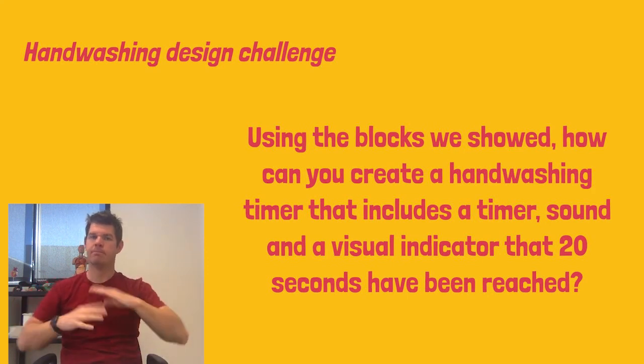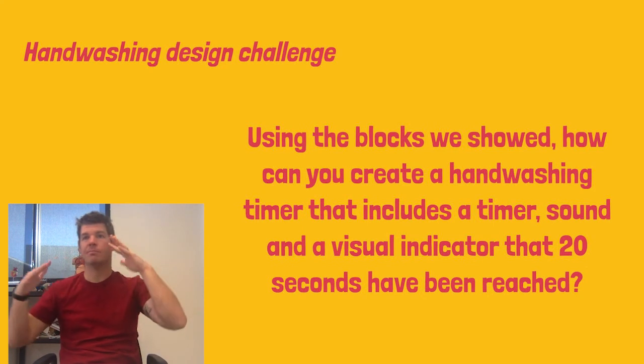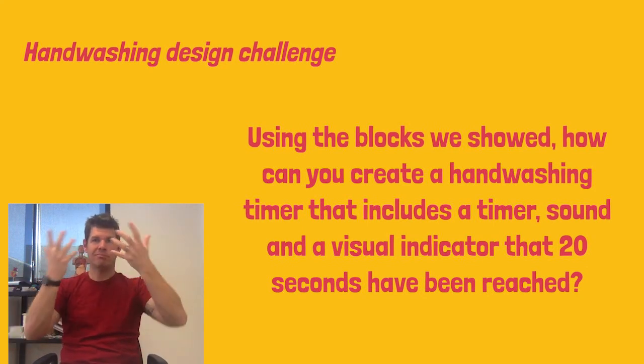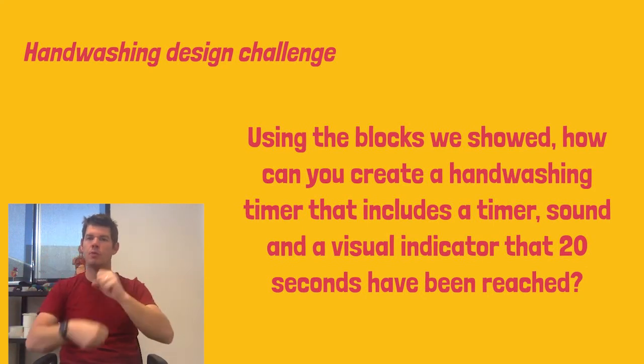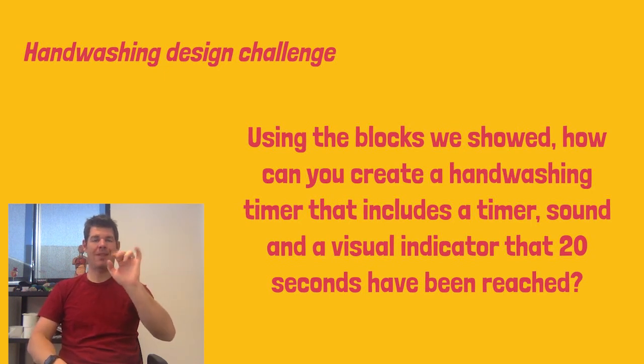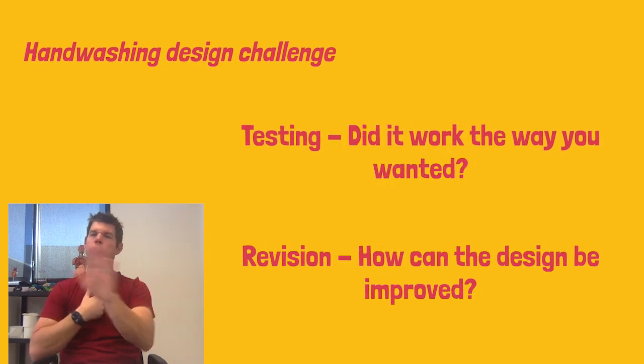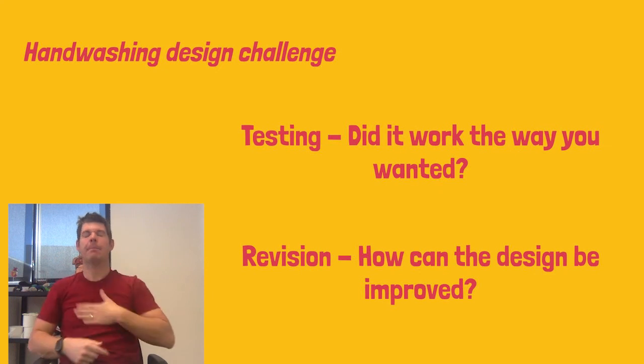But some combination of the timer, the visual graphic, and the sound is what we're looking for. And that's what we're hoping you'll share the code from with us in the Flipgrid for next week.